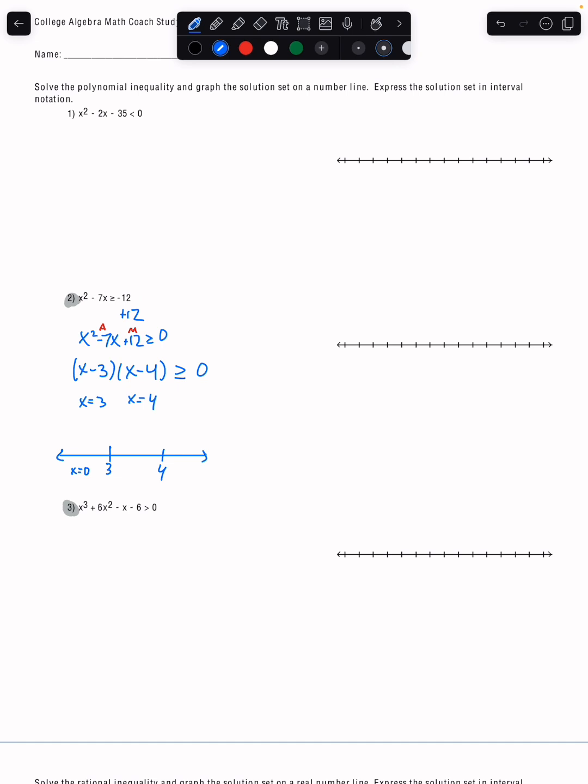If I plug that in, I'll get a positive number. So it's going to be positive on that side. And here I'll plug in 3.5, and I'll get a negative on this side. And then if I plug in a 5, which is greater than 4, it's positive on this side. So that allows us to know around these numbers, it's going to be looking like this. Here's 3, here's 4. And our graph is increasing in these ways. I just found that out by plugging in numbers around those values into the original equation.